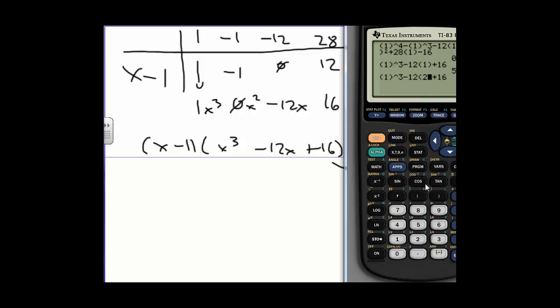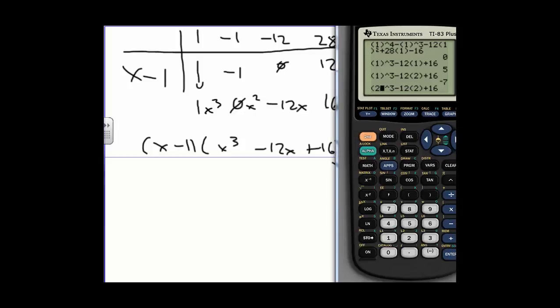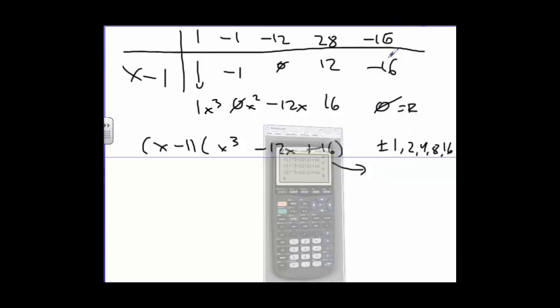Let's try 2. Hopefully you guys can see this on my screen here. Let's drag it over a little bit more just because it looks like it's right at the edges. If I try 2, it equals 0. Perfect.